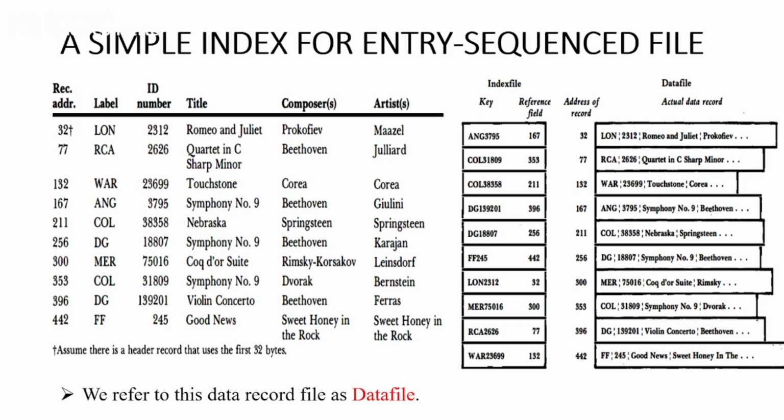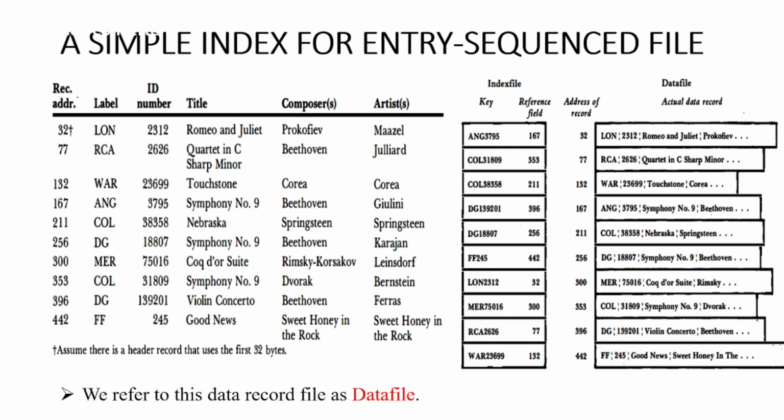Let us go for an example: a simple index for an entry-sequenced file. That means whenever a new entry is entered, you get an index for it.